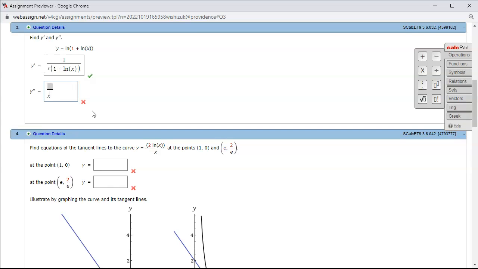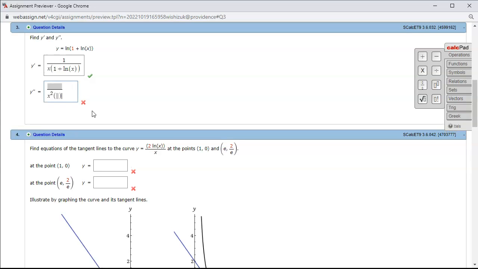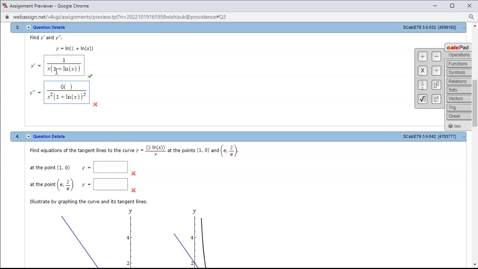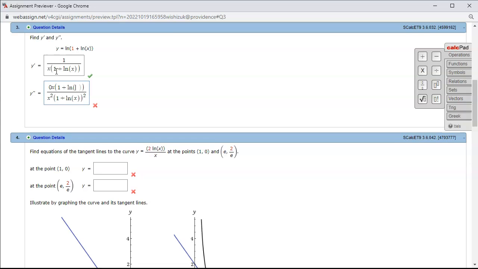So you have x squared times the quantity 1 plus natural log of x, squared. So that's the denominator. And then the derivative of 1 is 0 times the denominator, which is going to be all 0, but I'm going to just write it. So 1 plus natural log of x.